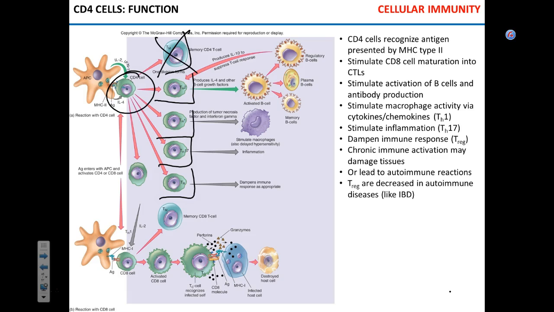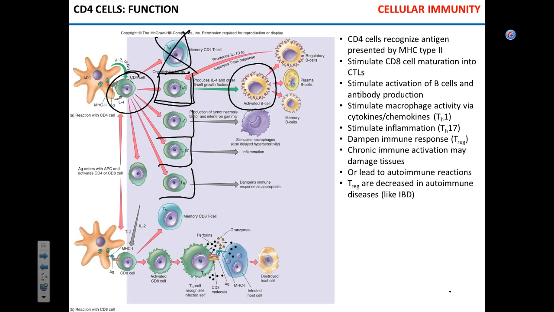So CD4 cell recognizes MHC class 2 on the surface of B cell. What is the function of B cell? To become plasma cell and produce antibodies. CD4 cell makes this process way more efficient. Does that make sense?